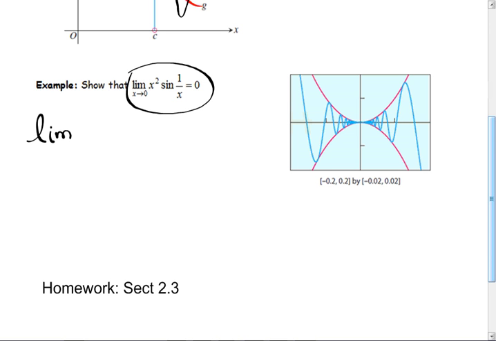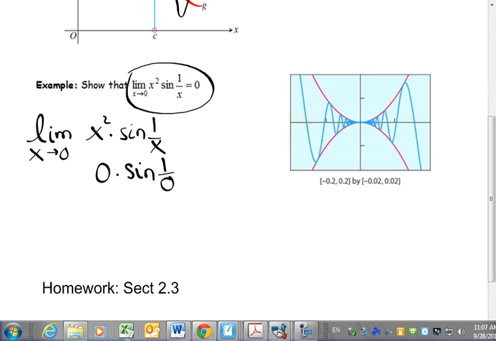The limit as x approaches 0 of x squared times the sine of 1 over x. I would get 0 times the sine of 1 over 0. Do you remember what happened to 1 over 0? Too many wiggles. I can bring it up and show it to you if you want. Do you want to see that one?